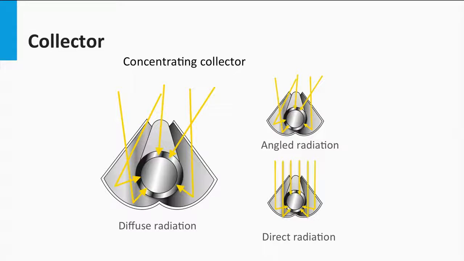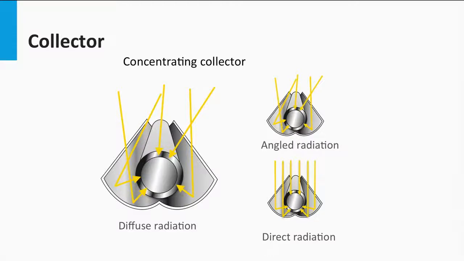The other shape that collectors can adopt is in the form of concentrating collectors. These collectors are for applications that need temperatures higher than those possible with flat plate collectors. Temperatures can be increased by decreasing the area of heat loss.